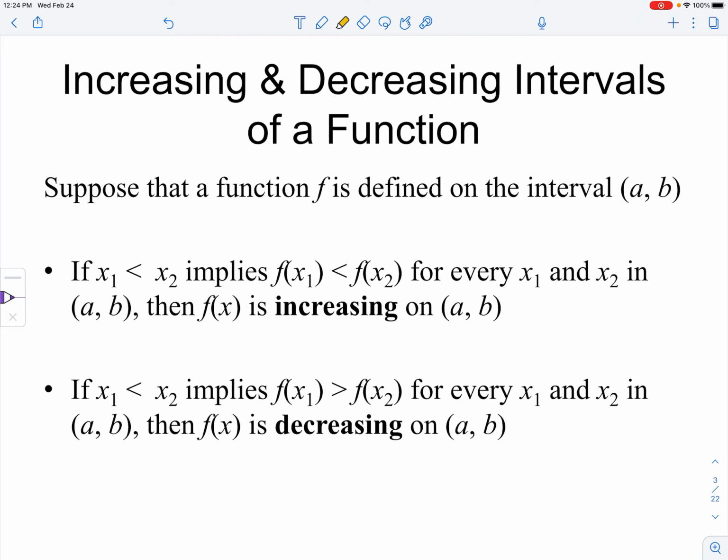What did I just say? What does that mean? We have a couple inequalities in there.